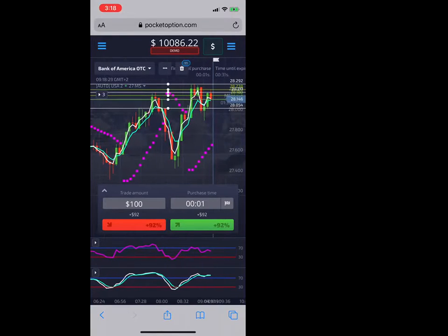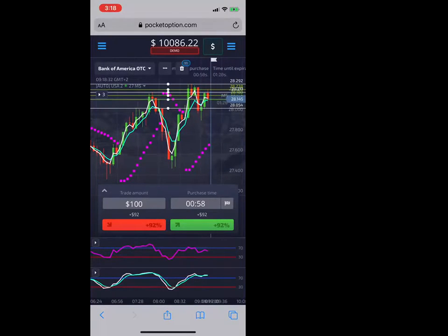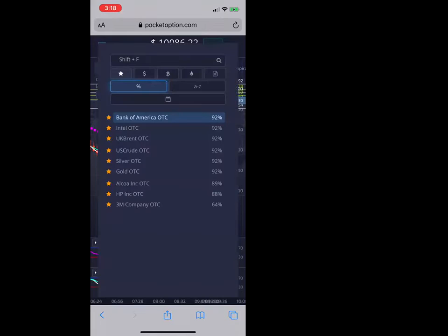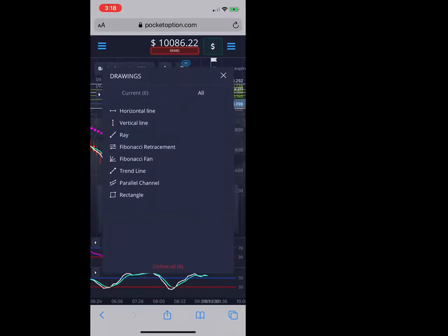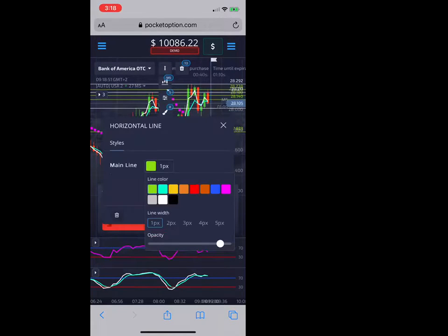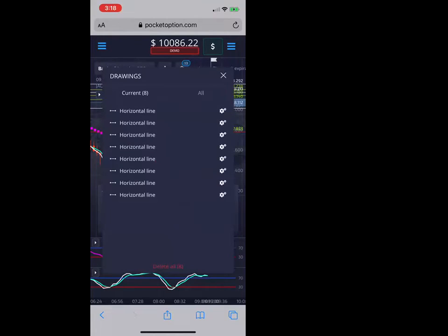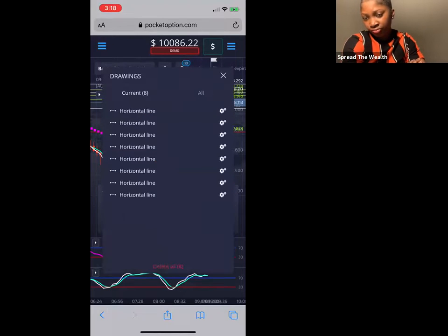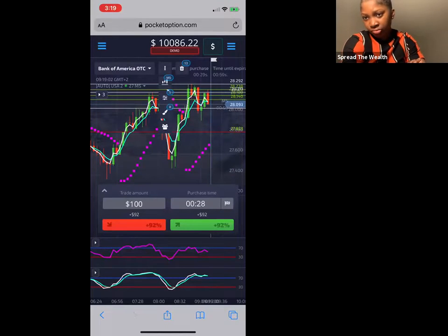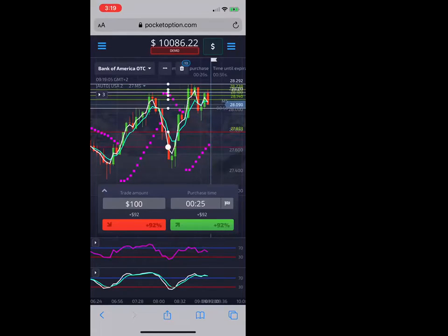What's next? I'm going to change one of them. So now my next zone, I guess I'll make it red. Like this one not red. All right, so do I see any double parabolics?